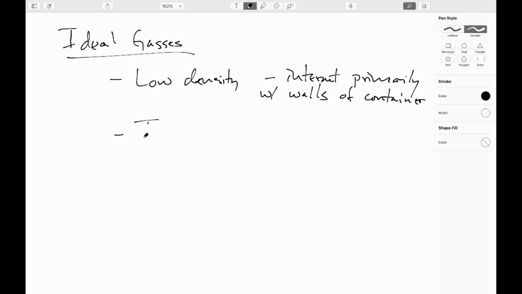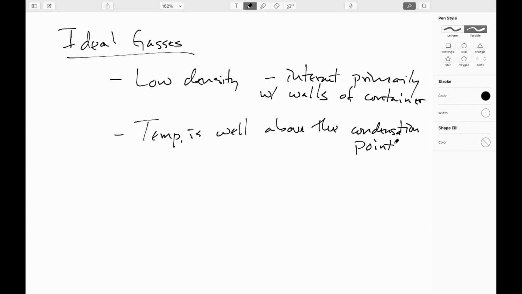And the temperature is well above the condensation point. And again, this is because we want to avoid atom-on-atom interactions.